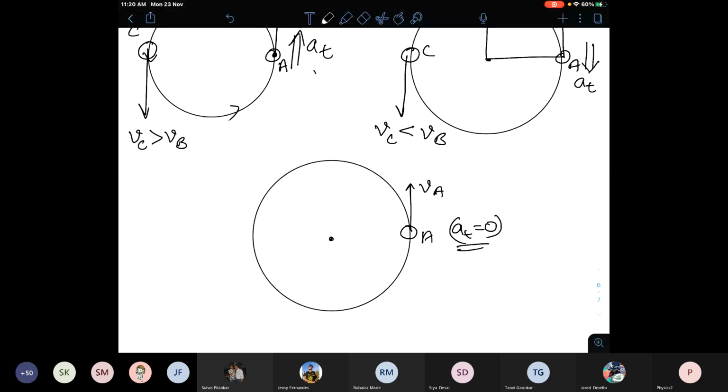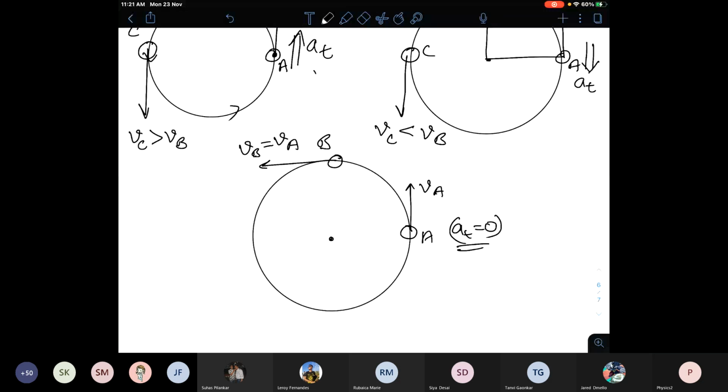There is a possibility that there is no change in the magnitude of the velocity, hence A tangential can be zero. If A tangential is zero, when the particle reaches point B, its velocity will be vb, which is equal to va. The magnitude will not change in this case.